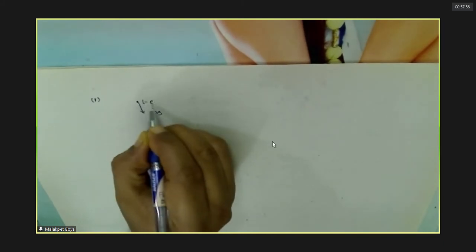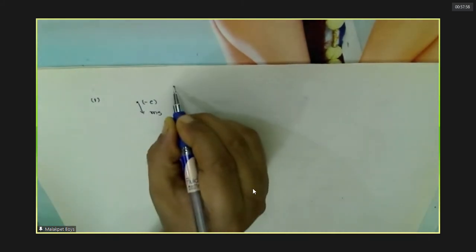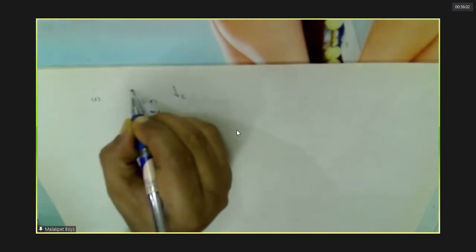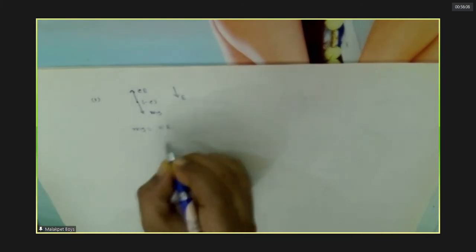The first part he's asking, this is the weight of an electron. Electron is negatively charged, no? So if the electric field is downward, it will experience a force upward. So for equilibrium, you need this.